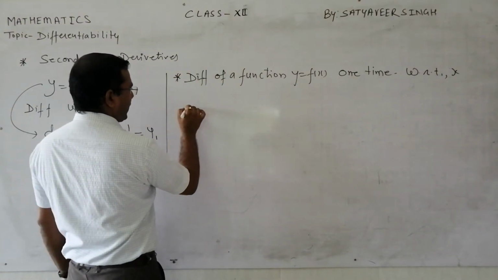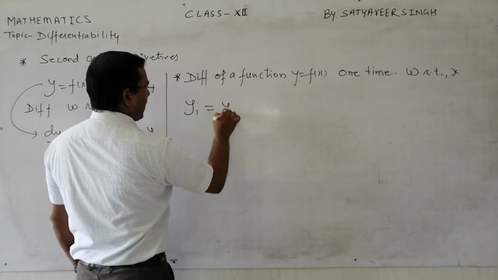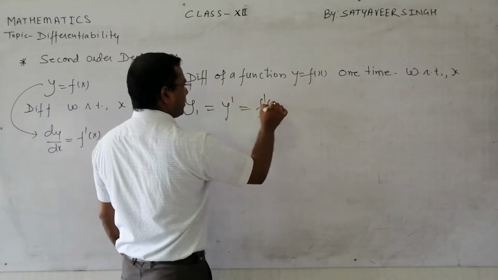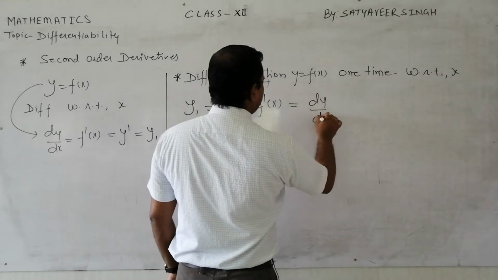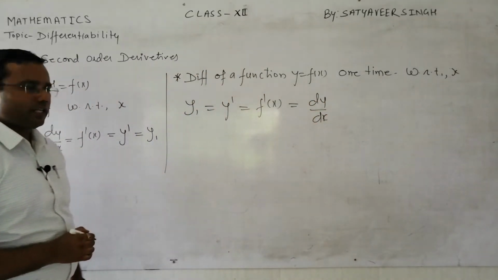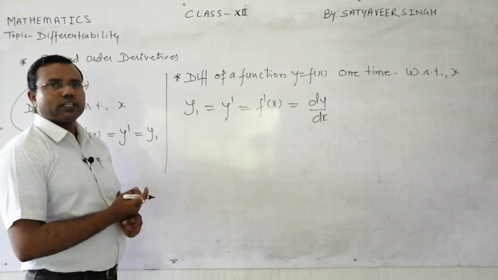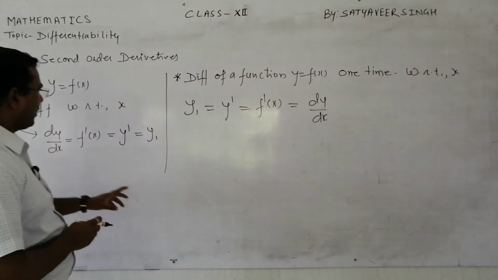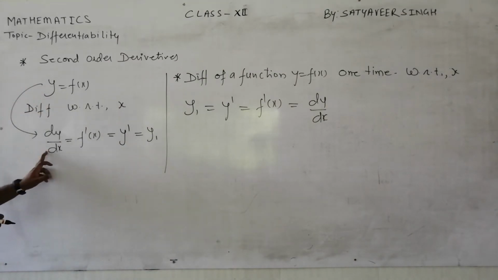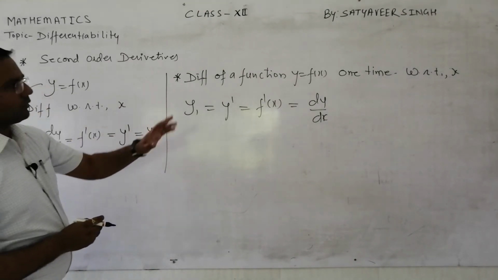It may be y1, it may be y dash, it is also f dash x, and it is also represented like dy upon dx. All are synonyms of the same thing.